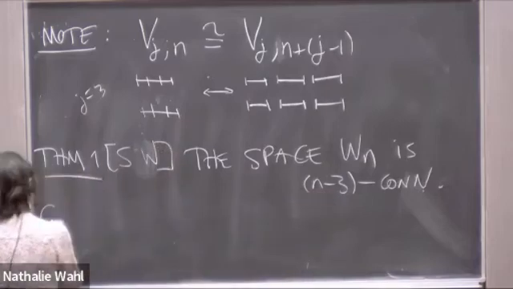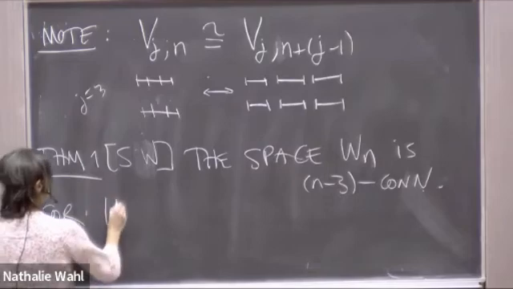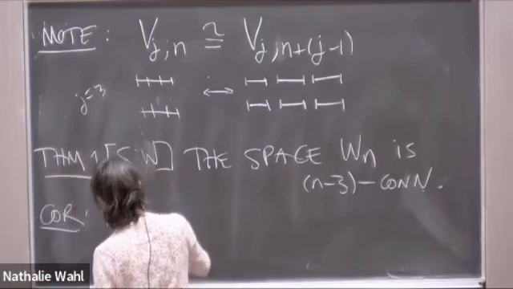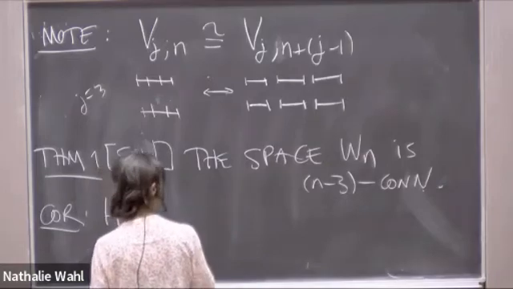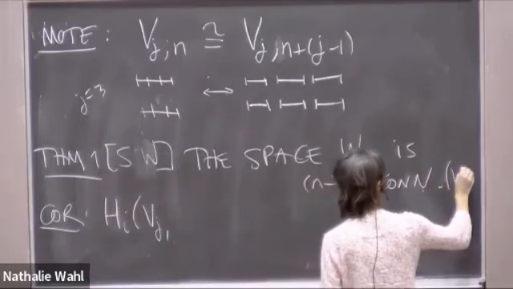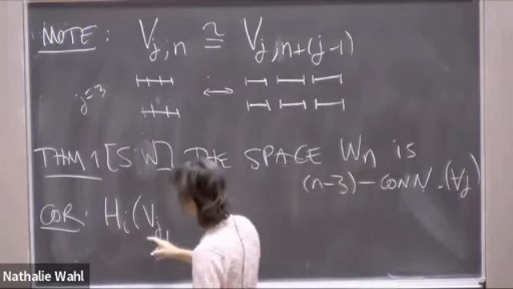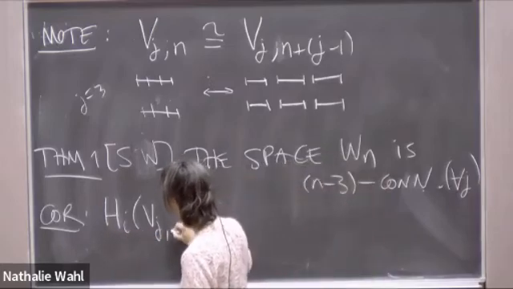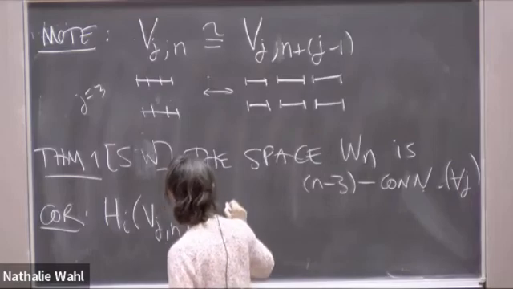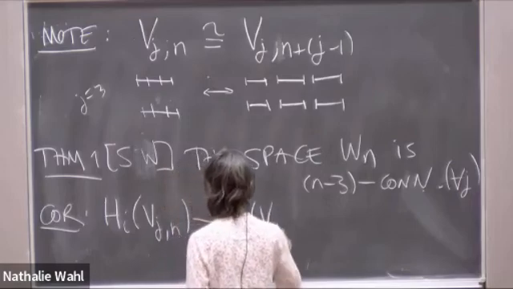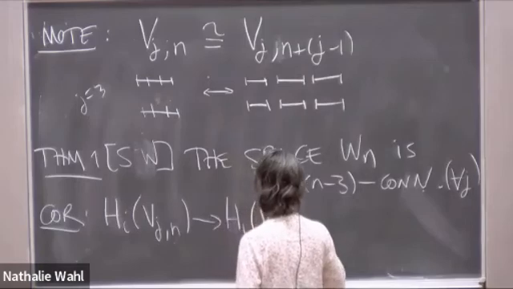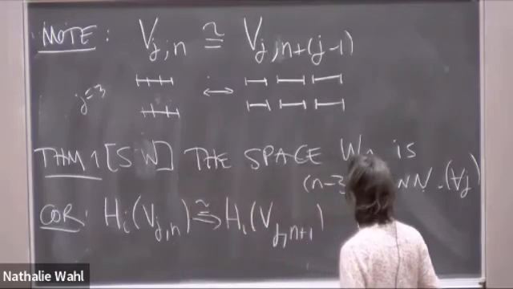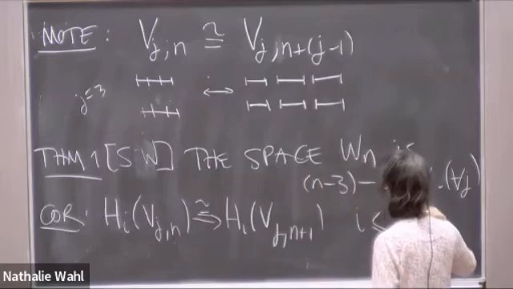And so, as a corollary, if we apply the theorem, it says Hi of VJN to Hi of VJ n plus 1 is an isomorphism for i smaller or equal to something like n-3 over 2.